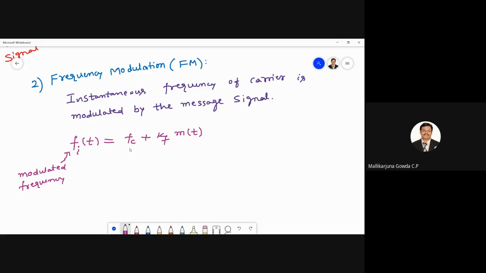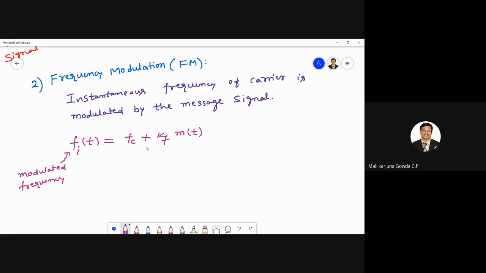This is the unmodulated frequency fc, that is the carrier, and it will be varied accordingly by the message signal. That is known as the modulated frequency. So the modulated frequency varies from the unmodulated carrier frequency with respect to the message signal. Here Kf is the frequency sensitivity factor.